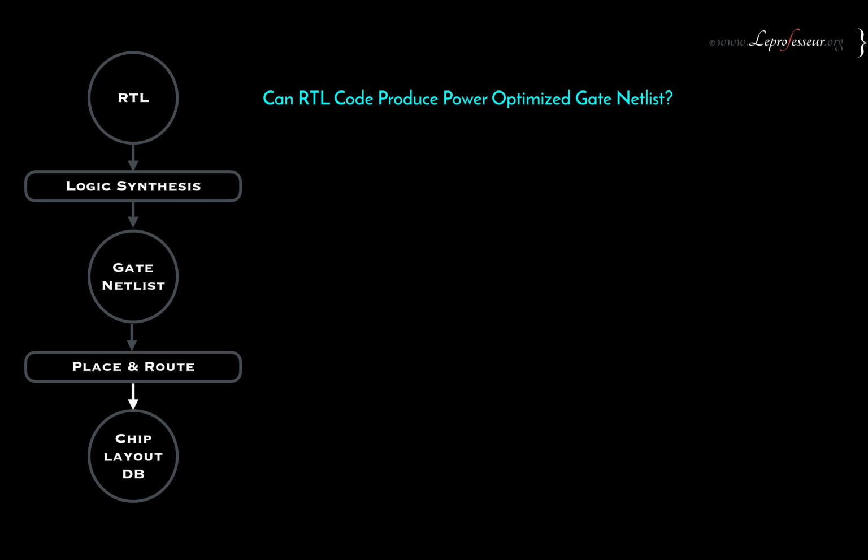Definitely, after writing RTL, we have questions in our mind. Whatever RTL we have, or whatever the logic circuit, or whatever the chip design we have, is it a good RTL which can produce a low power or power optimized gate netlist, or can we do some changes?